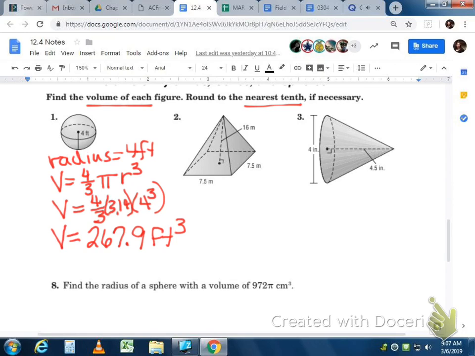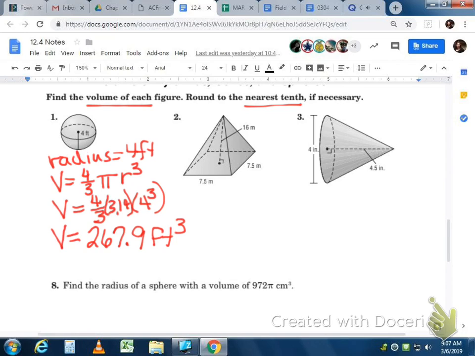I need to mention something too that I just thought of looking at some iLearn questions, and they've started also doing this. A problem like this, they would say find the volume, leave pi in your answer.